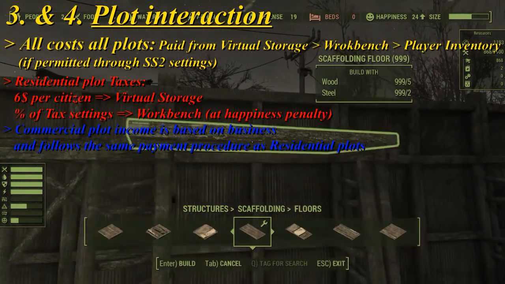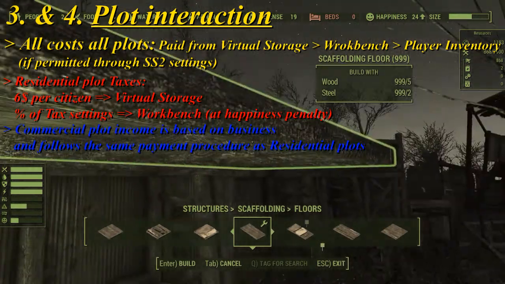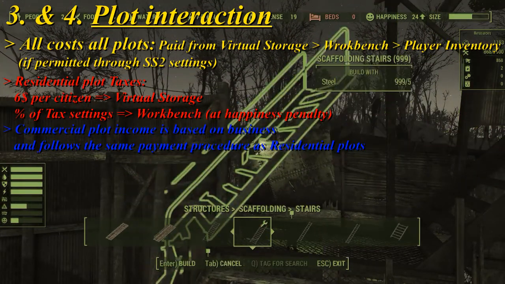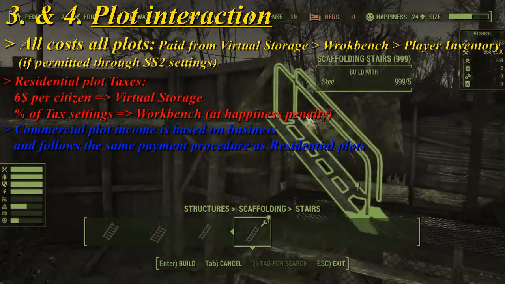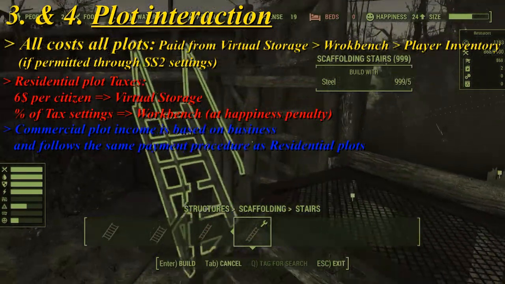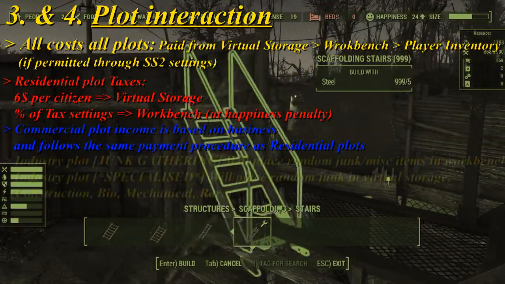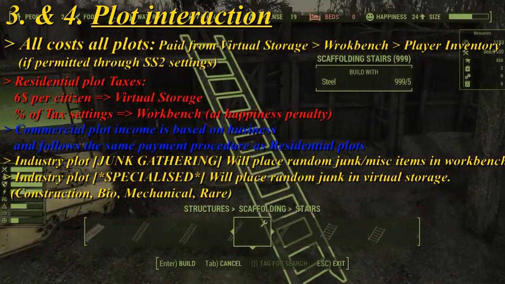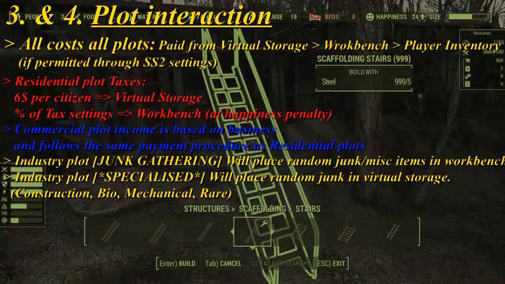But industry and agriculture work a little different, particularly industry. Industry, you have essentially two classes of plots. The first one being a scavenger plot. Scavenger plots work the same as the vanilla scavenger station that you could build when the game was released.